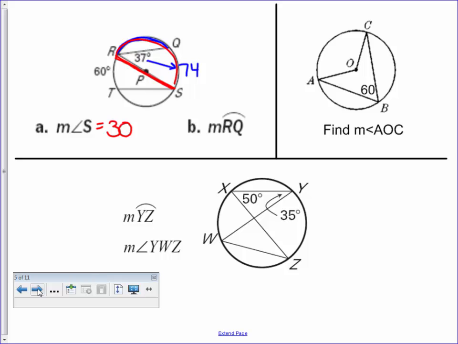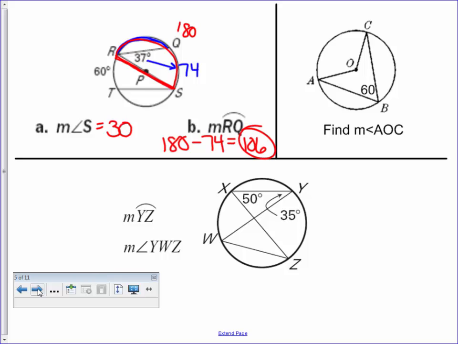Cuts it in half, so that arc that I just labeled is 180. So to find our Q, I'm going to do 180 minus 74. 180 minus 74 leaves us with the arc to be 106. Okay, so always look for the diameter.